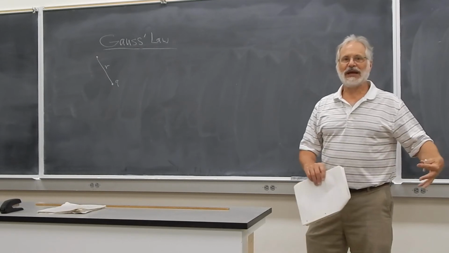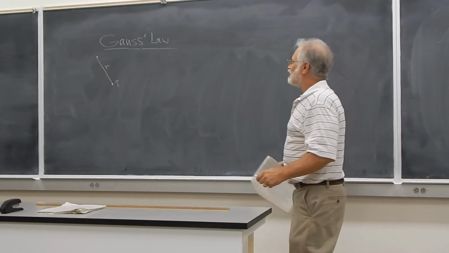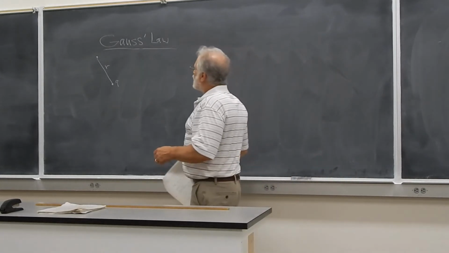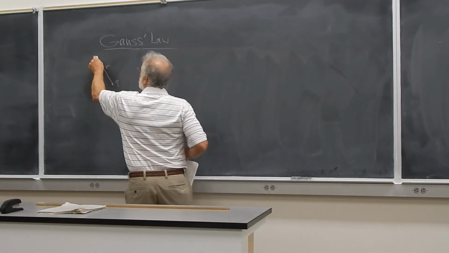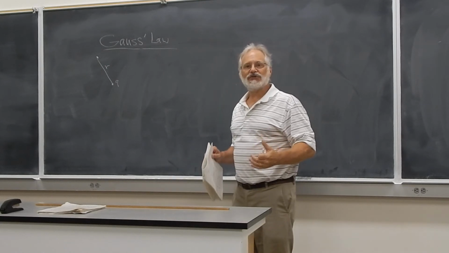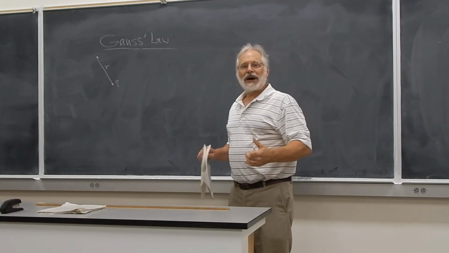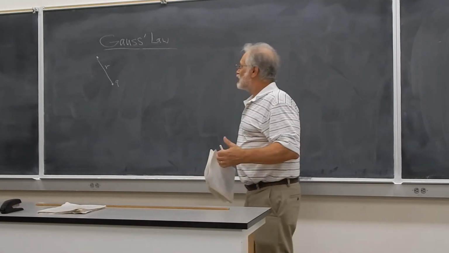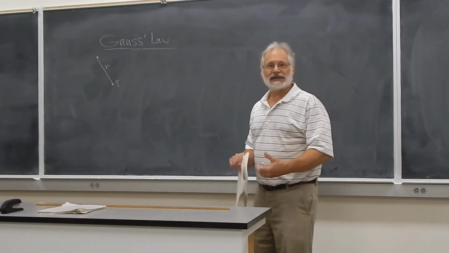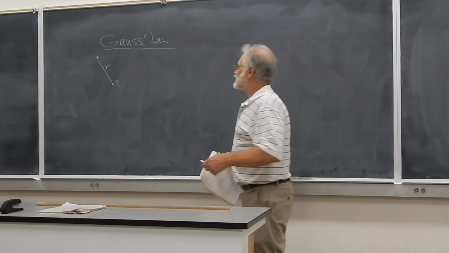Yes, we already know the answer, but this is a very powerful technique. What I want to do is the following. I'm going to say, what is a very symmetrical surface I can draw whereby the electric field, due to whatever charge distribution I have, is going to be constant along that surface?